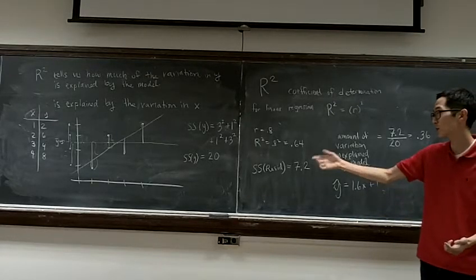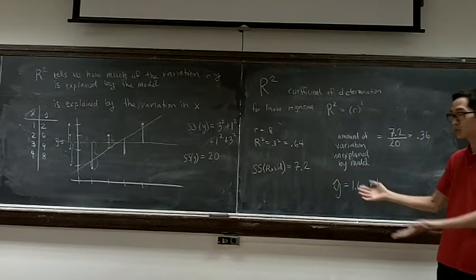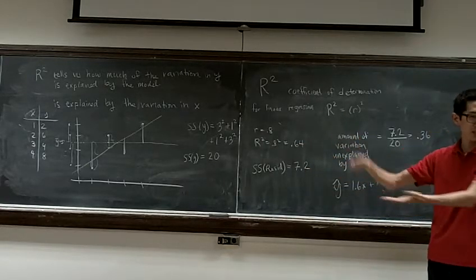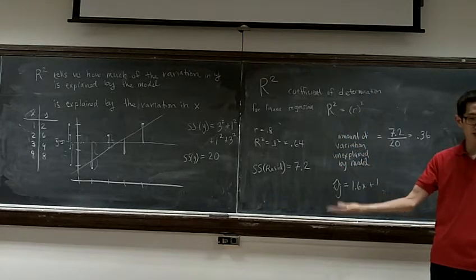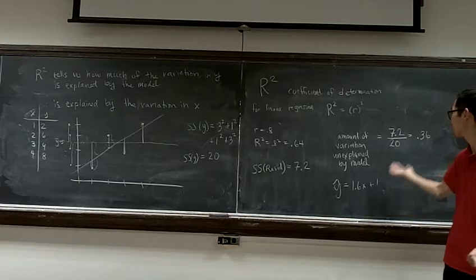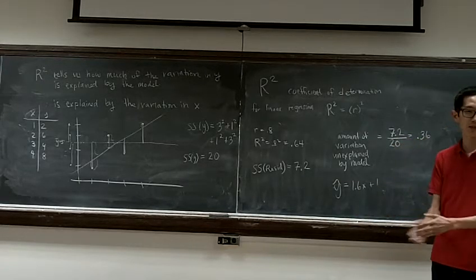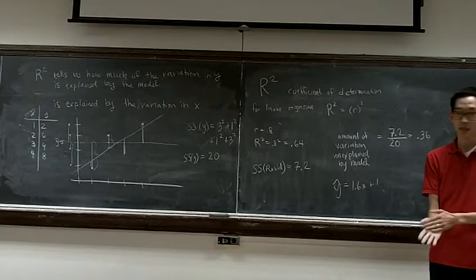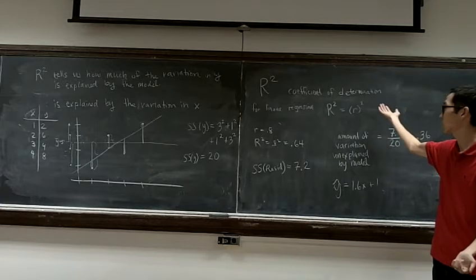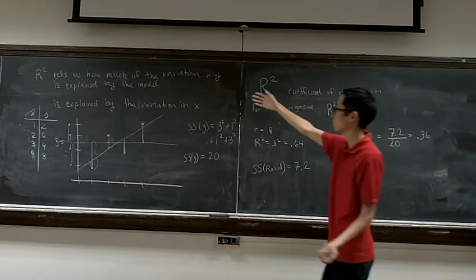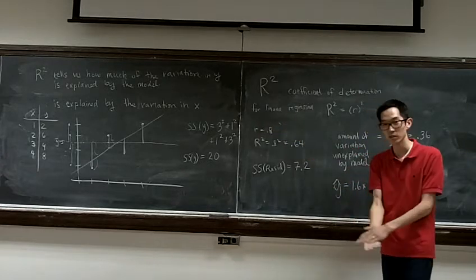And if we take into account the number of bedrooms in the house, we can explain about 64% of the variation in closets. But of course, all houses are different after all, and so 36% of the variation is still unexplained. So that's R squared. It's the coefficient of determination. It tells us how much of the variation in y is explained by the model, or is explained by the variation in x.